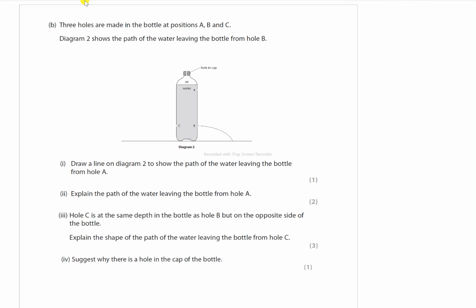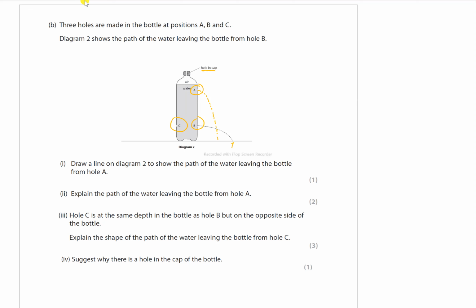Right, 3 holes are made in the bottle at positions A, B, and C. So you've got a hole in the cap, you've got a hole here, B and C. Draw a line on the diagram to show the path of the water leaving the bottle from hole A. So there's less pressure, so it's not going to go as far, so it'll do something like this.